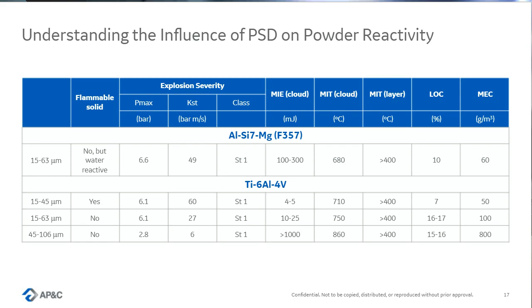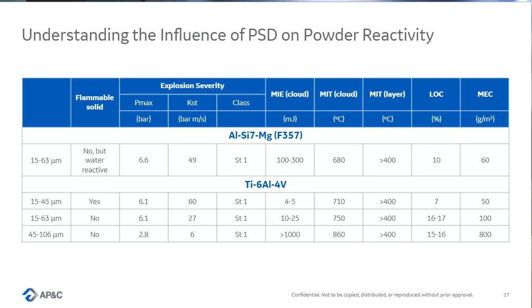And then there's the explosion severity, which is often defined by the KST, basically the velocity of the pressure wave if there's a dust cloud that is ignited. You see that in all cases you can ignite the dust cloud, but it has a strong to low impact.